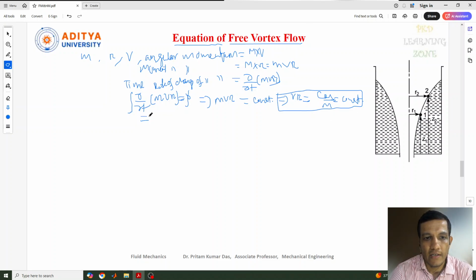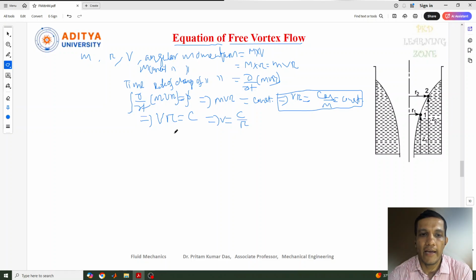So what I'll write here, the same thing: v into r equal to a constant c, and if I want to write v, I can write v equal to c by r. Now in the previous lecture, I got a derivation of the general equation for vortex flow.